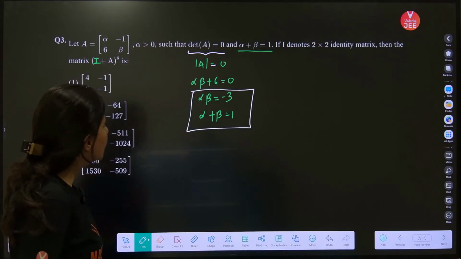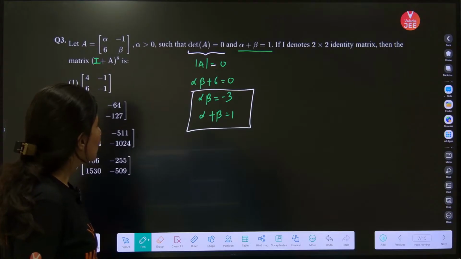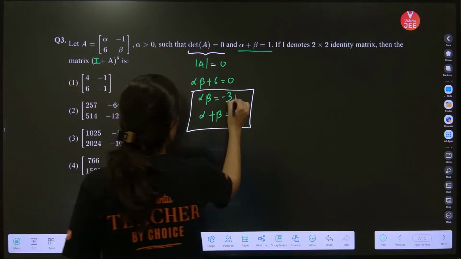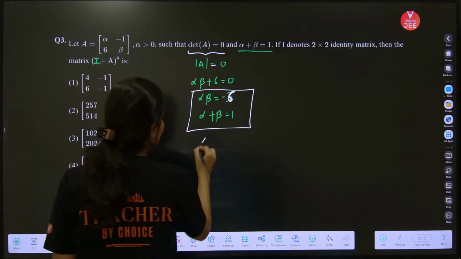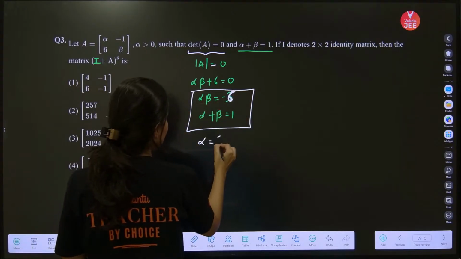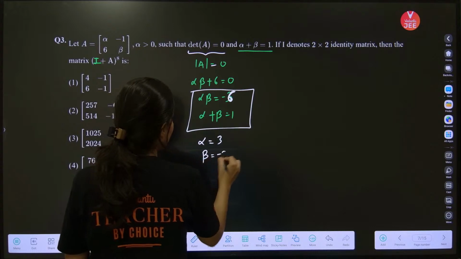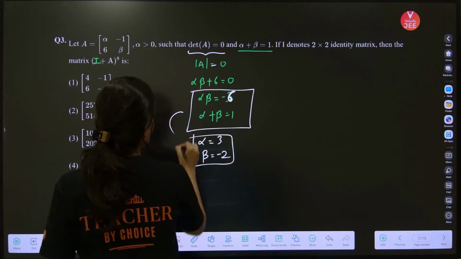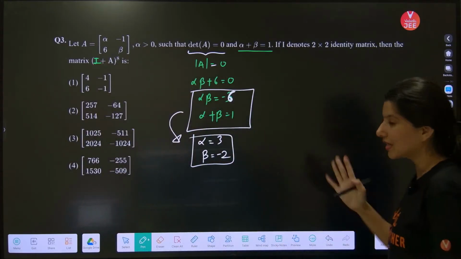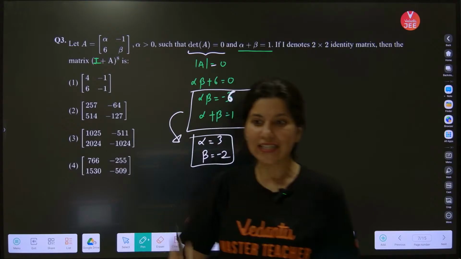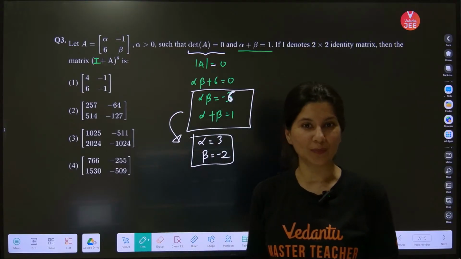So alpha, can I say alpha is 3 and beta is minus 2? Will that work? Yes, absolutely. Alpha 3 and beta minus 2, we can actually observe and tell the values, right or wrong?